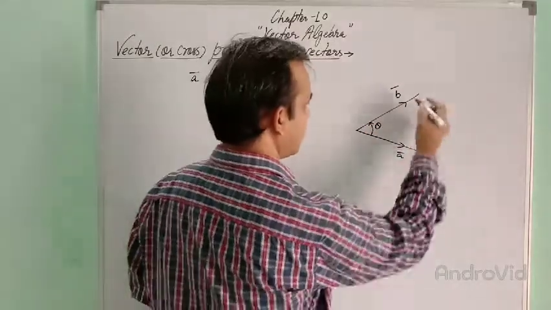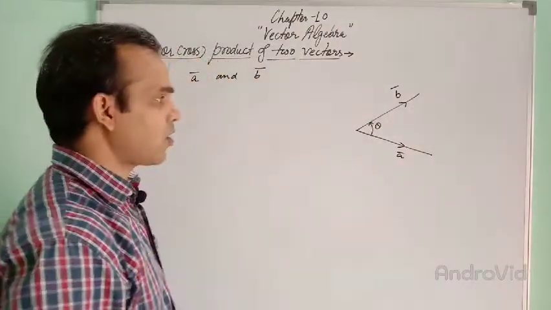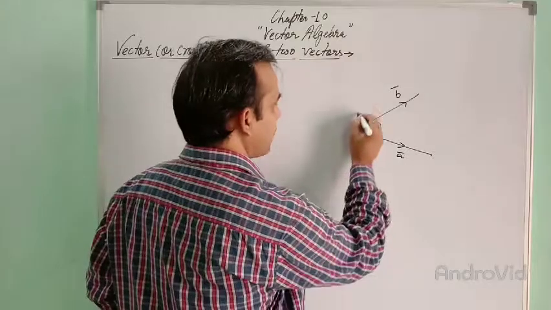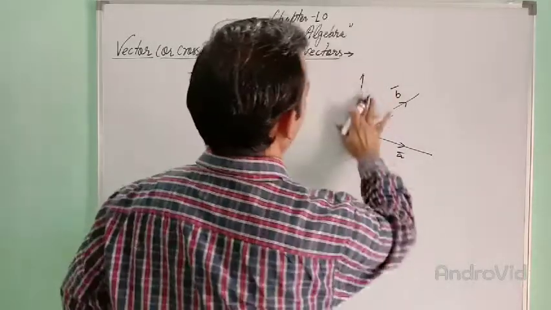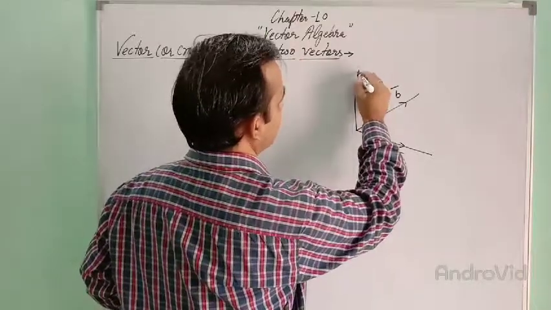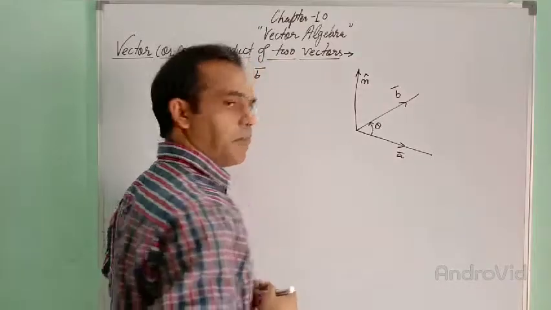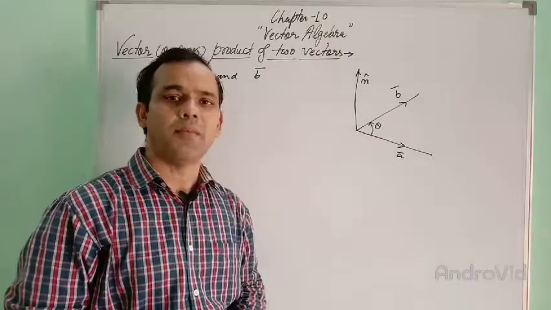In this order we are multiplying a cross b. By the right-handed rectangular coordinate system, there will be a vector in the direction perpendicular to both a and b, and suppose it is n cap. n cap is the unit vector that is perpendicular to both a and b.